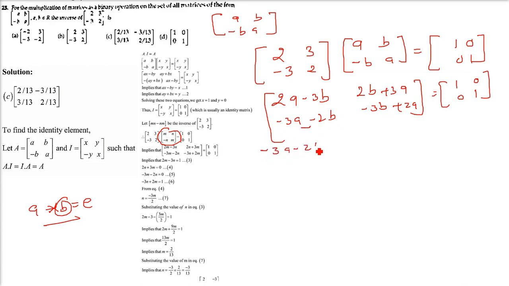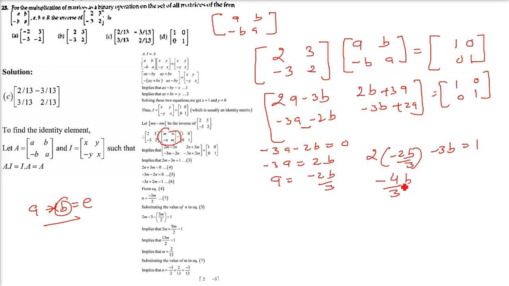So negative 3A minus 2B equals 0. From here, either find A or B. I am finding A here, so it will be minus 2B by 3. This is A. Now put this in any of the equations which equate to 1. We have 2A minus 3B equals 1. So that is minus 4 by 3 B minus 3B equals 1.